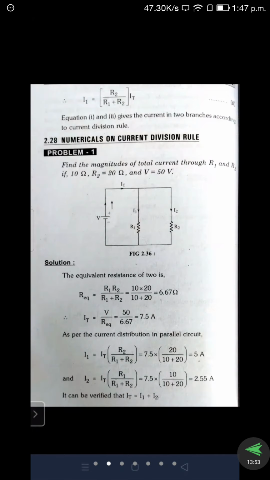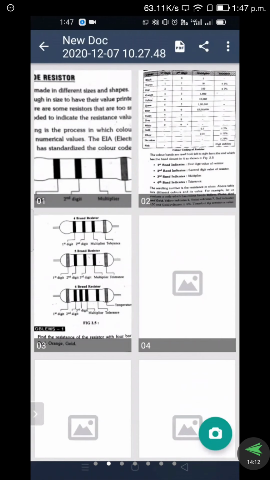So these are the 2 formulas we use to calculate current and voltage values in a particular branch. In case of series, the voltage formula is used. In case of parallel, the current formula is used. So this is the syllabus up to the last class.